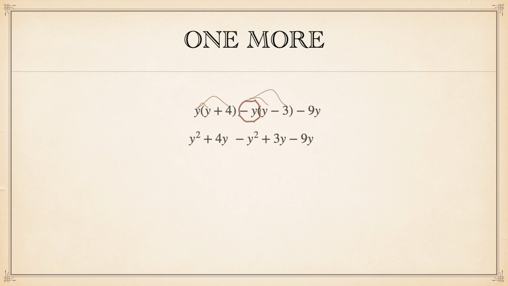Now I look at all of my like terms here, and I have a y squared and a negative y squared, and when I add those two together, they are going to cancel out because y squared minus y squared is 0y squared. Then I have a 4y and a 3y, which is 7y, minus 9y is going to be a negative 2y.